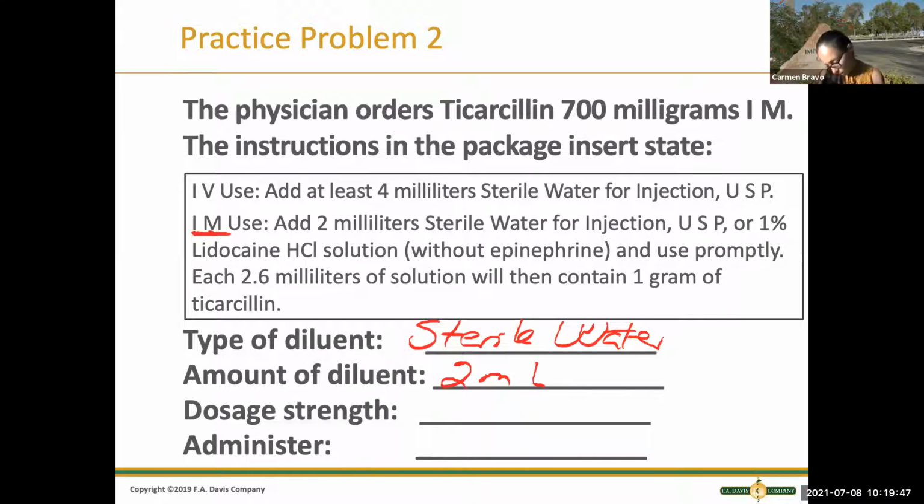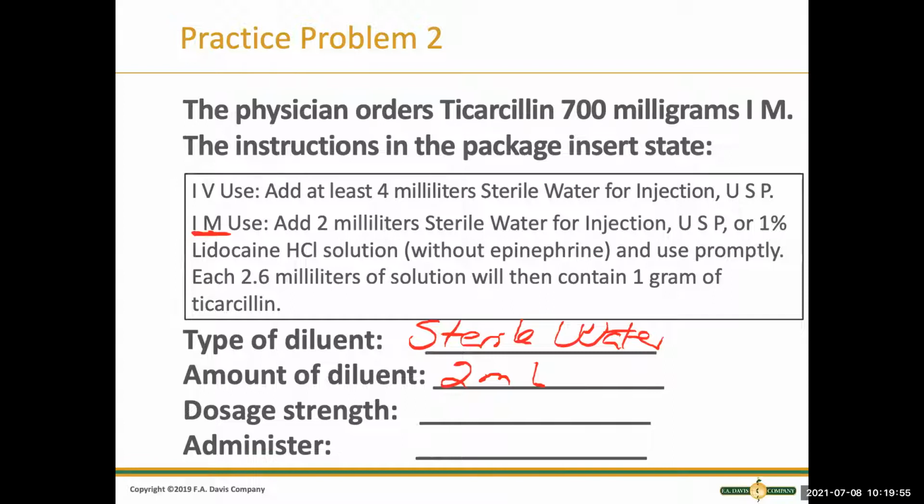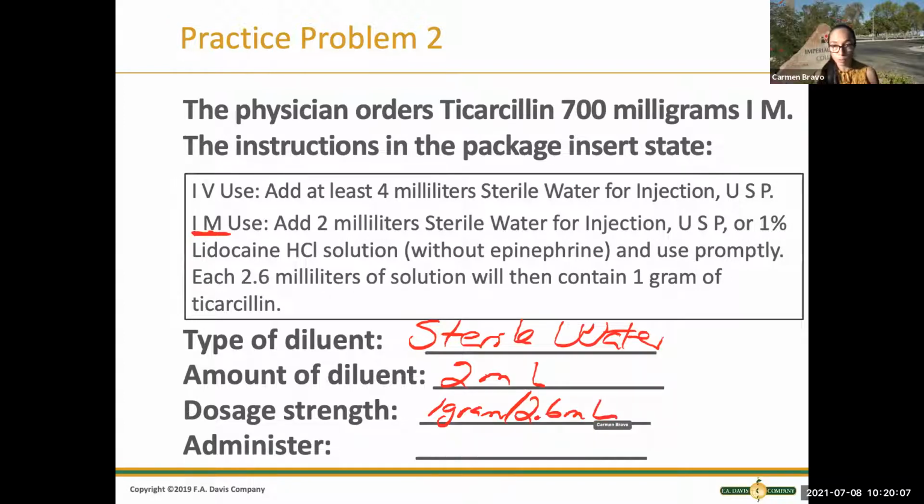And then what's going to be my dosage strength? 2.6 milliliters per 1 gram. Okay, so now we have to work the problem out so that we can see how much we would administer if this is the order.